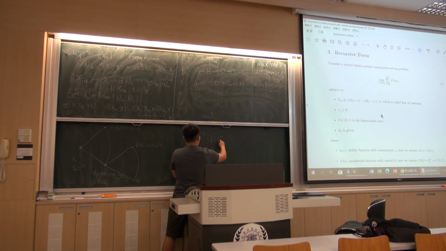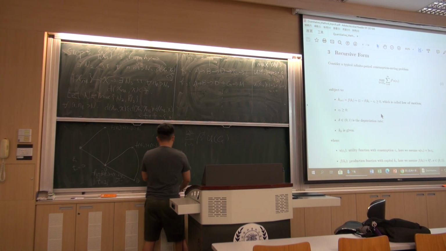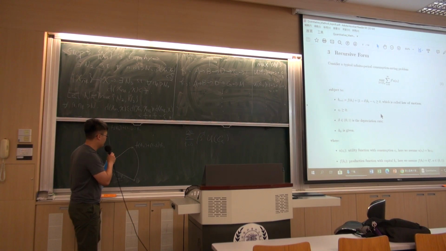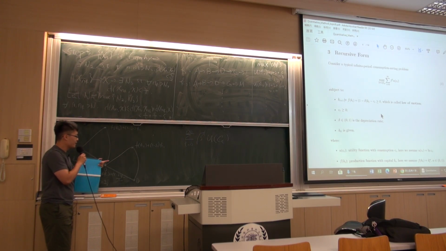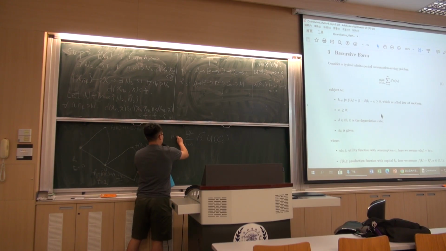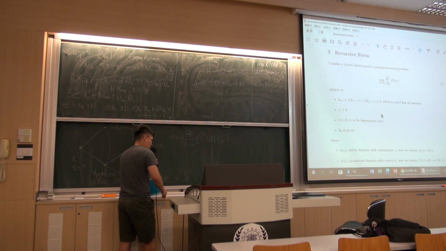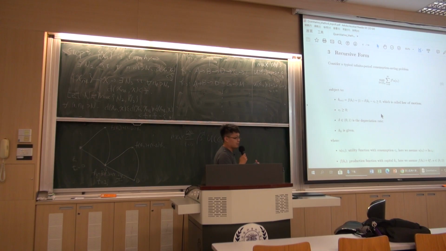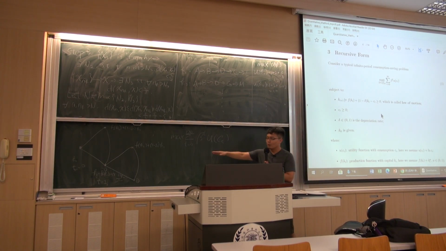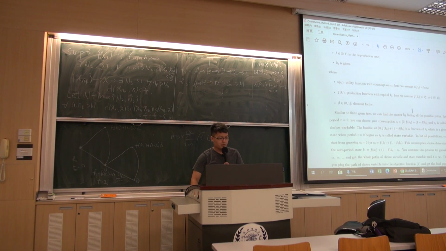You collect all the possible consumption paths, and then you pick the one that will give you the maximum value here, which is impossible. There's no one who can do that, even for one single path, because it goes to infinity, right? So how are we going to deal with it?